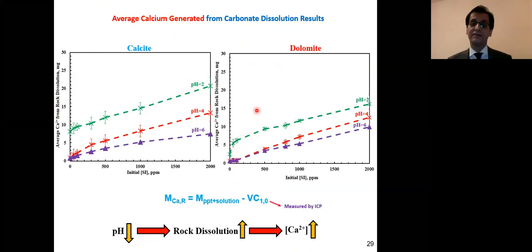On the other hand, the amount of calcium generated by rock dissolution in the calcite DETPMP system is higher than that in the dolomite DETPMP system. And it does make sense, because the content of calcium in calcite is higher than that in dolomite.